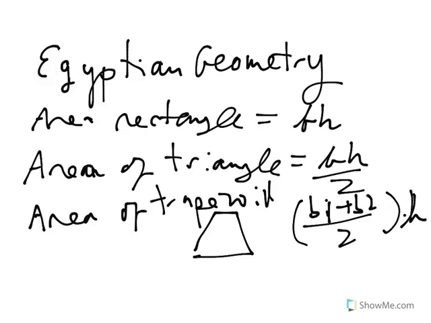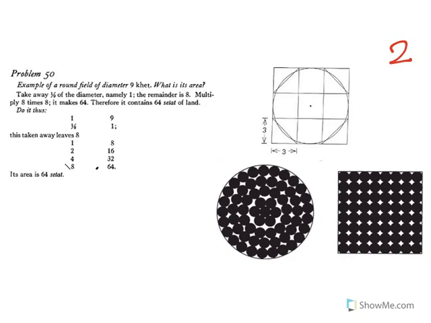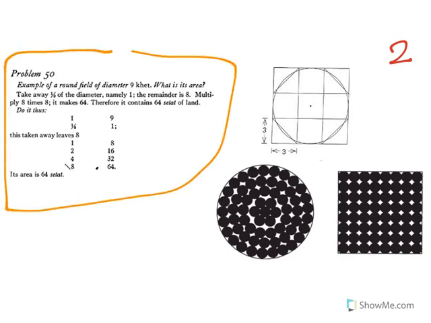One really important problem in the Rhind Papyrus is problem number 50. It says here, a round field of diameter 9, what is its area?